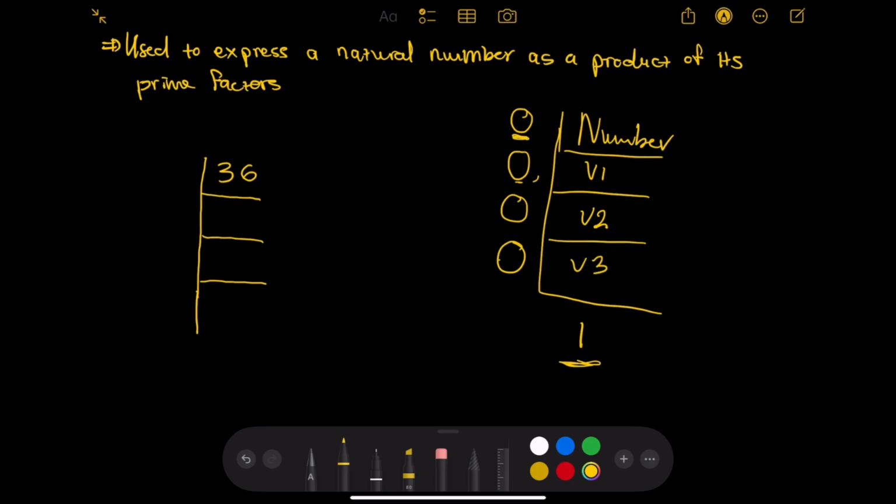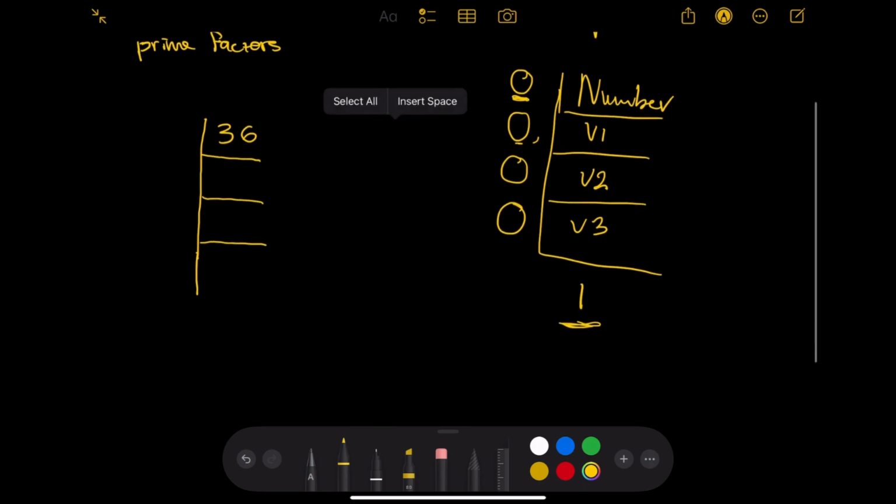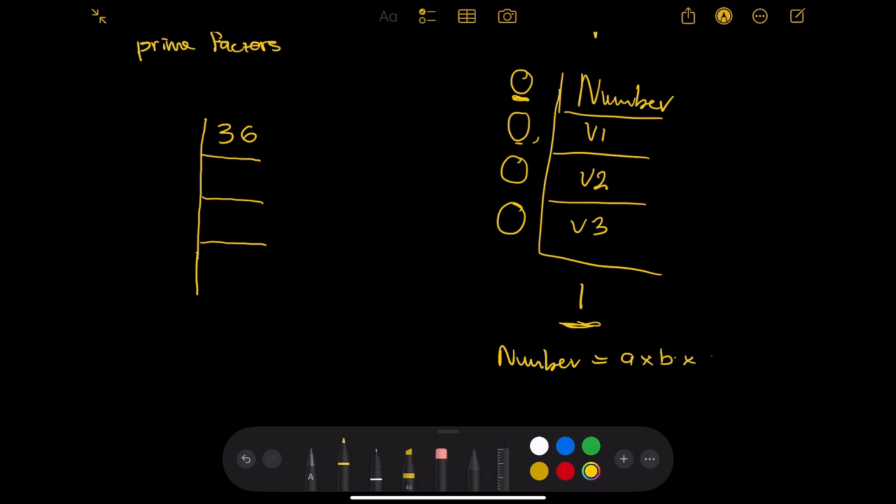Then if value 3 divided by its smallest prime factor gives me 1, then I have successfully solved for my smallest prime factors, and I can express this number as whatever value multiplied by this value times that value. And most times you find things are common and so on, right? So that's basically the concept.